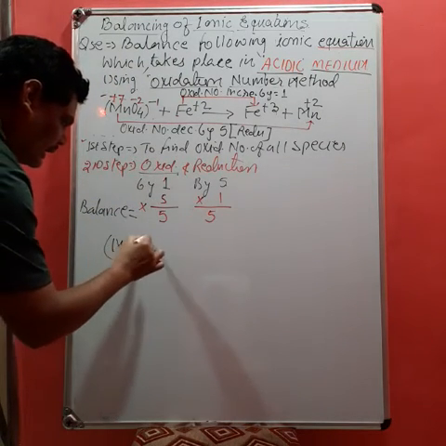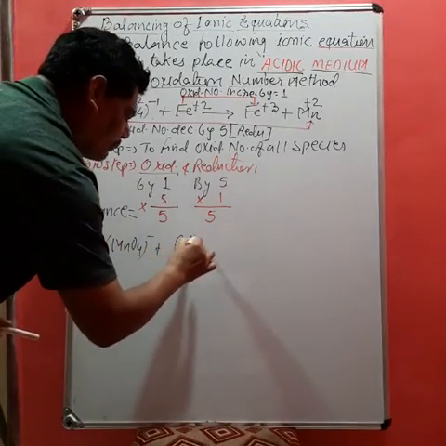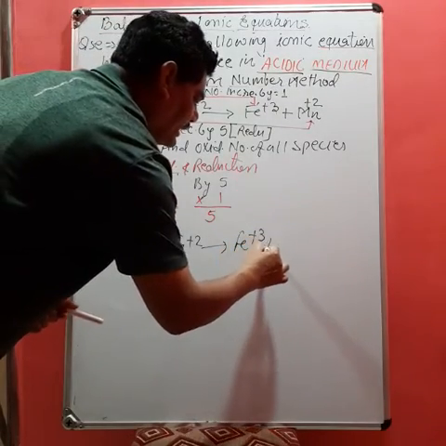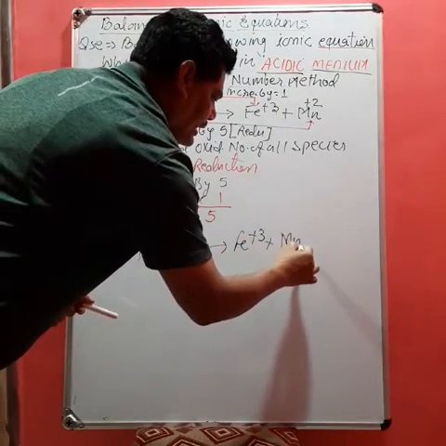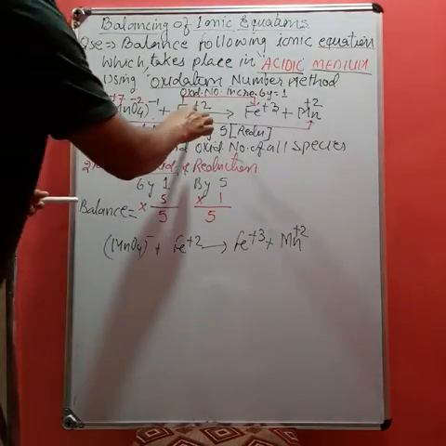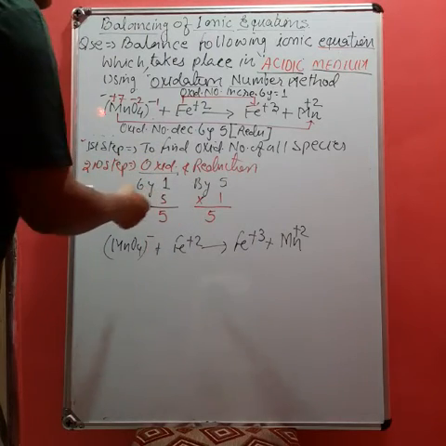MnO4 anion plus Fe +2 gives Fe +3 plus Mn +2. Now, which one is getting oxidized? Iron, by 1. So we have to multiply it by 5.